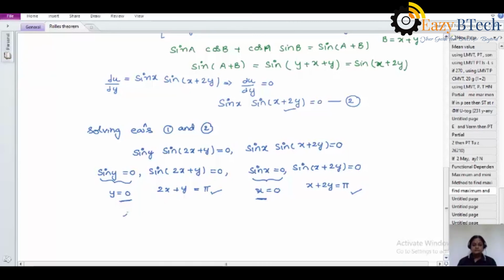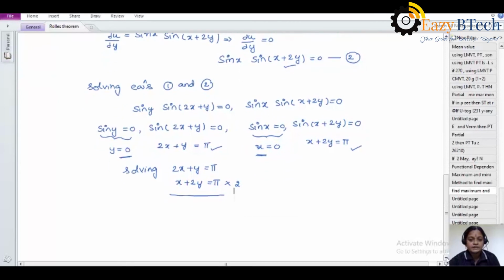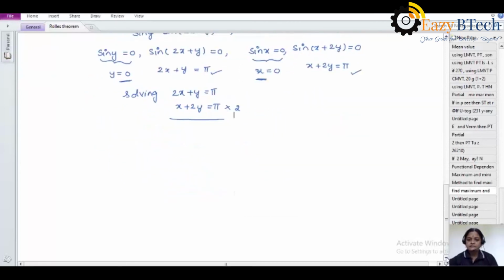So now solving these two equations, 2x plus y is equal to pi and x plus 2y is equal to pi. To make the variable coefficients equal, here 2x is there, so multiply the next equation by 2, or you may equate the y coefficients, that is your choice.